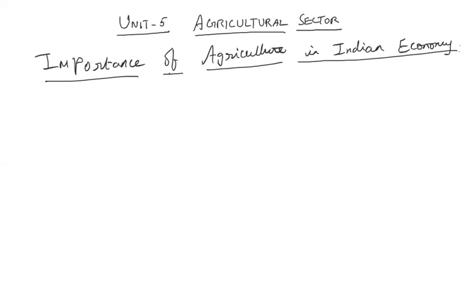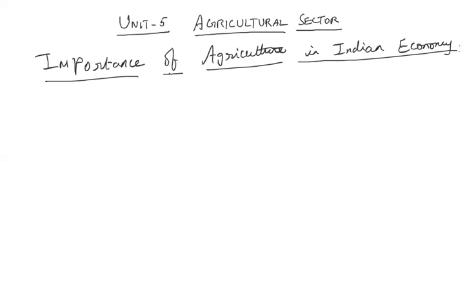The primary sector occupies the dominant position in our country. Agriculture happens to be the backbone of the Indian economy. Even though the contribution made by the tertiary sector is more nowadays to the GDP of the country, still agriculture occupies a very pivotal role in the development of our country.